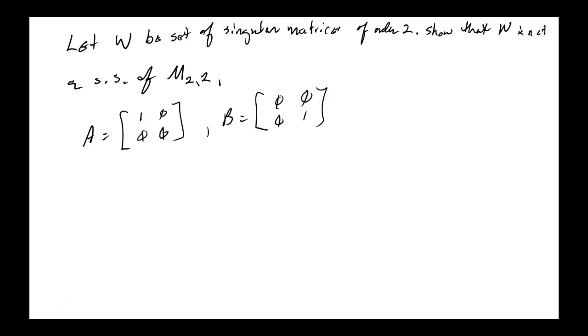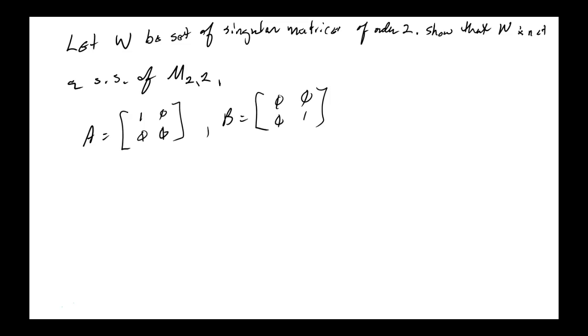These two singular matrices, you add them together and you don't have a singular matrix, because the identity matrix is a non-singular matrix, and for W to be closed under addition, any two that you add together must form a singular matrix, and this does not. It forms a non-singular matrix.